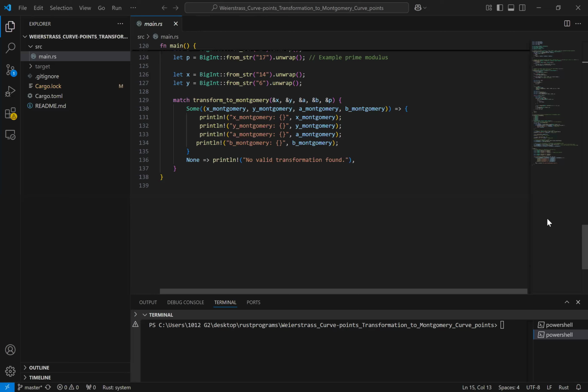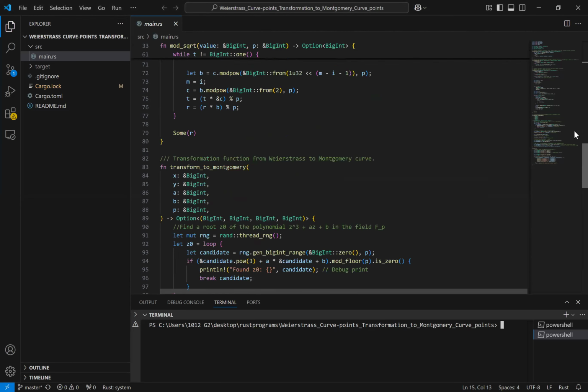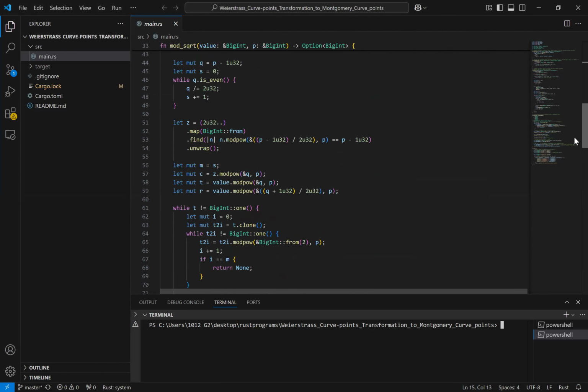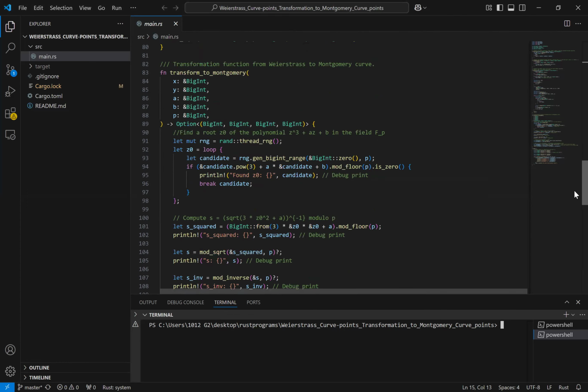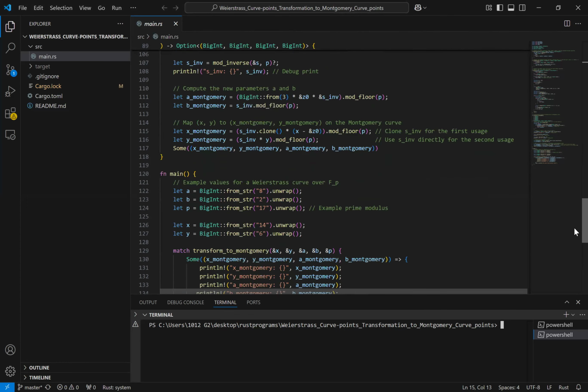Right, so this is the code. I had put a lot of prints, as I had already said, to find out where the errors are coming from.